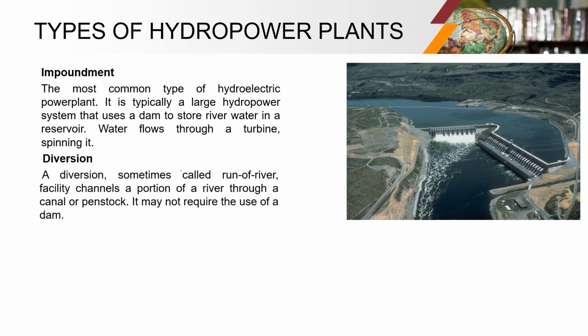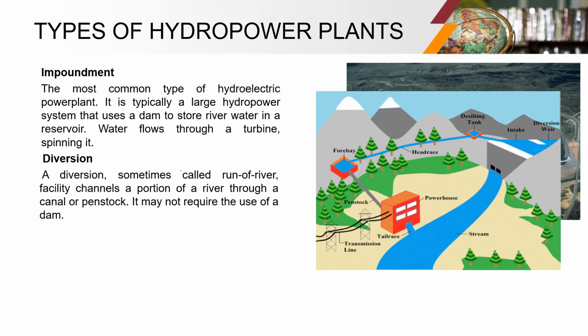Then we have the diversion. So the diversion, minsan tawag sa kanya is run-of-river, channels a portion of a river through a canal or penstock, okay, and may not require the use of a dam.